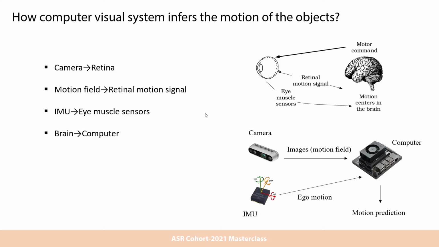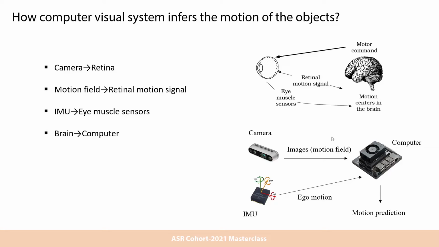We use some specific algorithms, which can sometimes be embedded in our camera, to obtain the motion field for our computer. The motion field can be seen as the retinal motion signal in the upper figure.